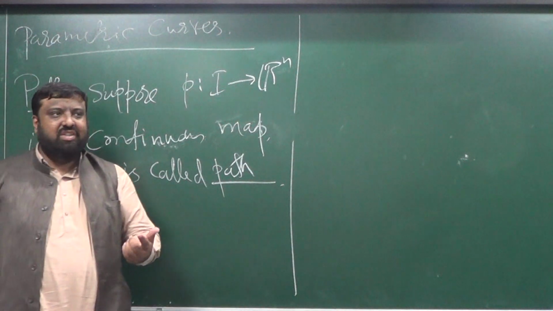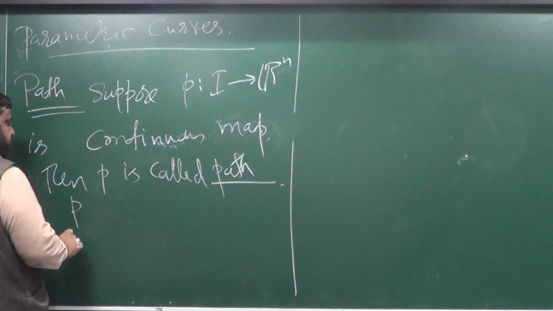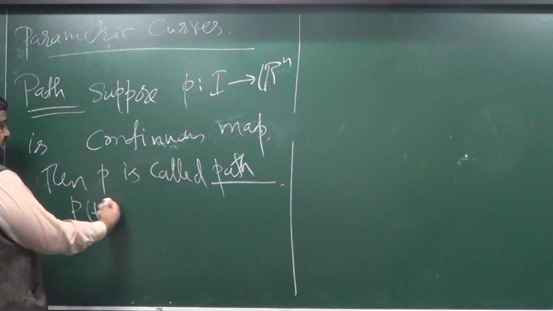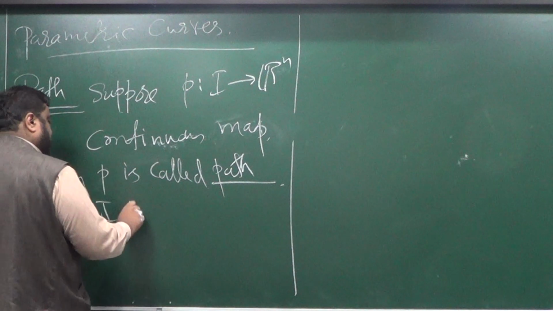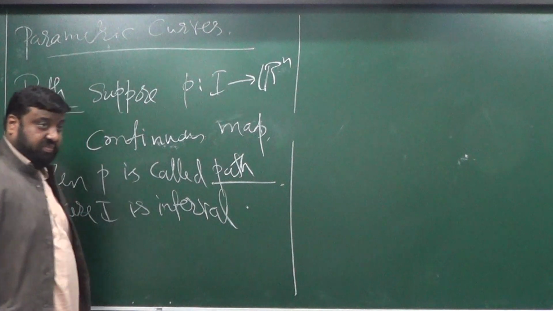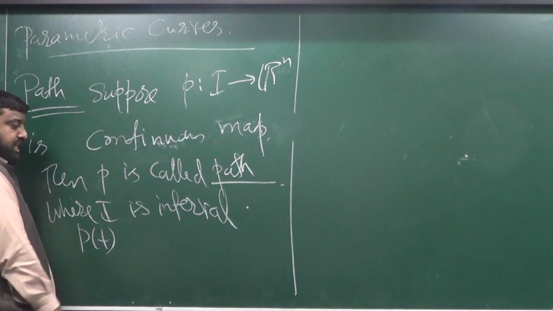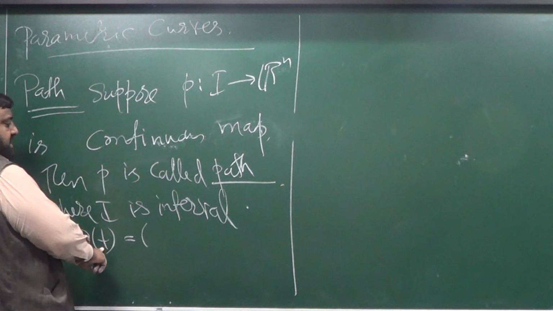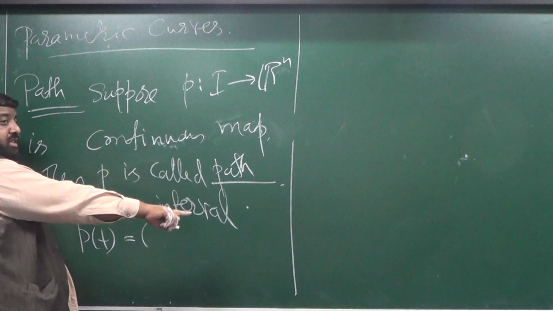Because if I say that P is a path, then it takes an input t from the interval I, where I is an interval. Then how is it going to look abstractly? t is an input from I, but P of t is an output in Rn, so it's going to have n components.